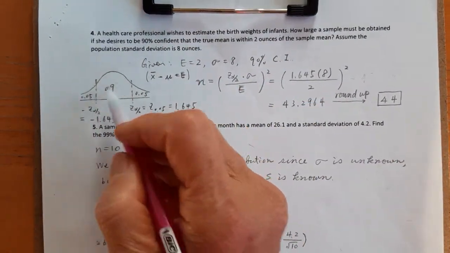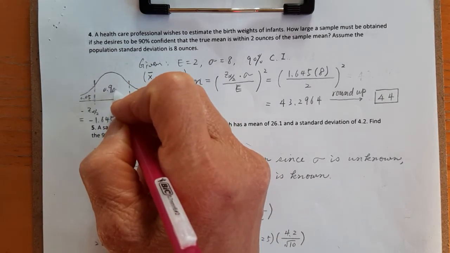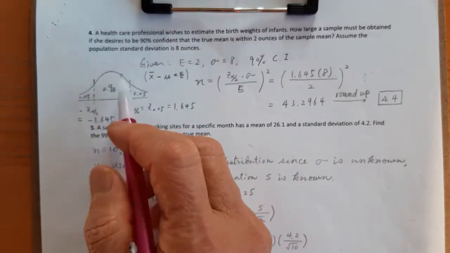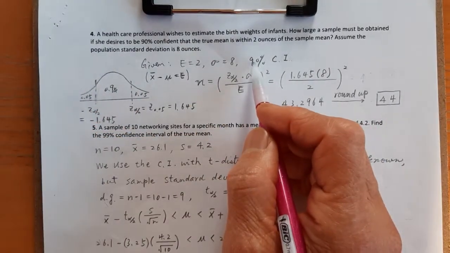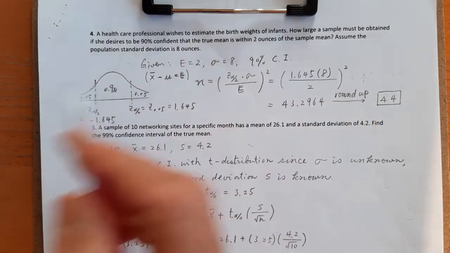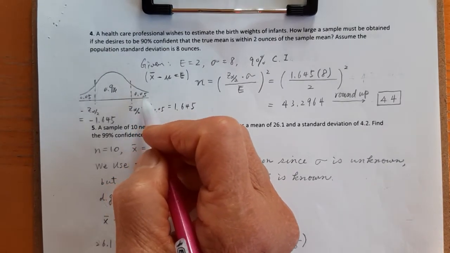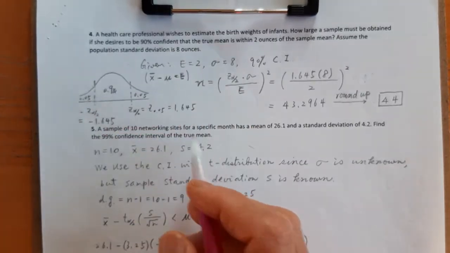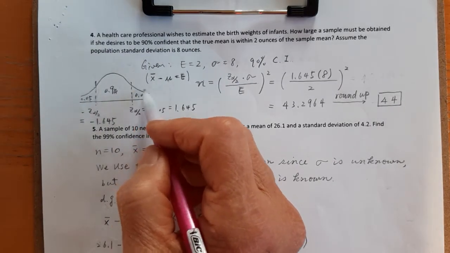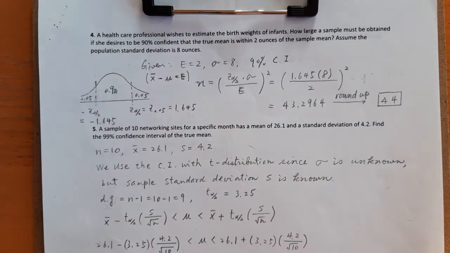So 100 minus 90%, we get 10%, divided by 2, so each side is 5%. The left tail is 5%, 0.05, and the right tail is also 0.05. So the confidence interval is 90%.